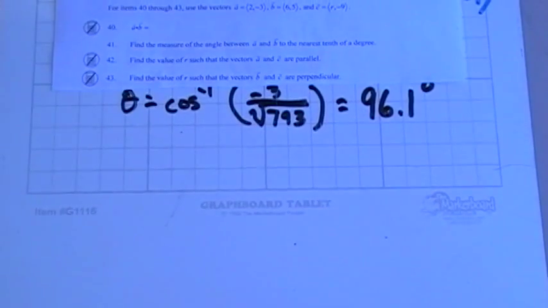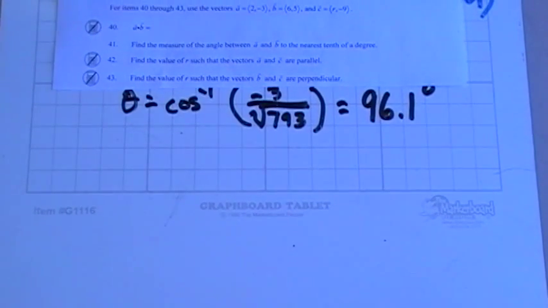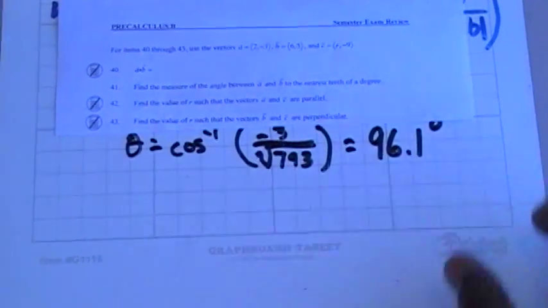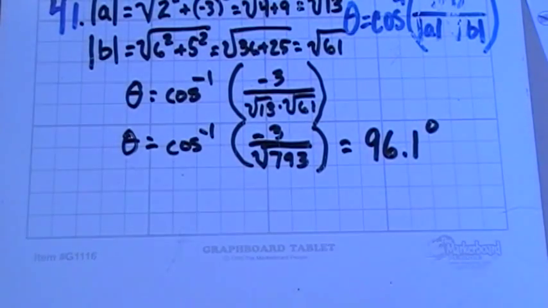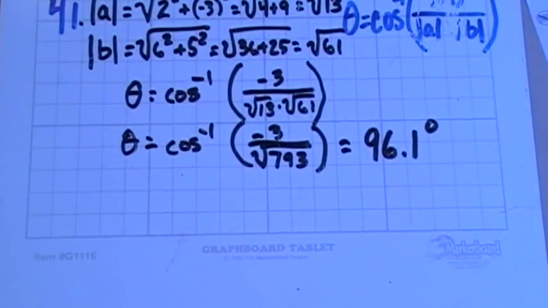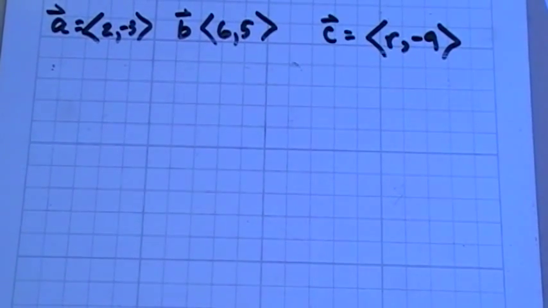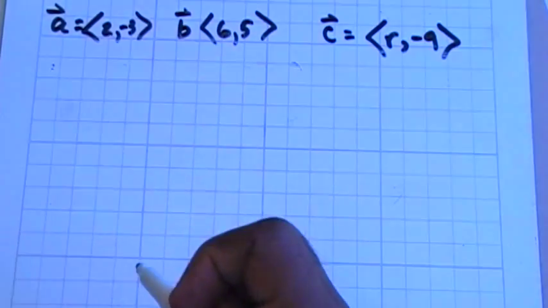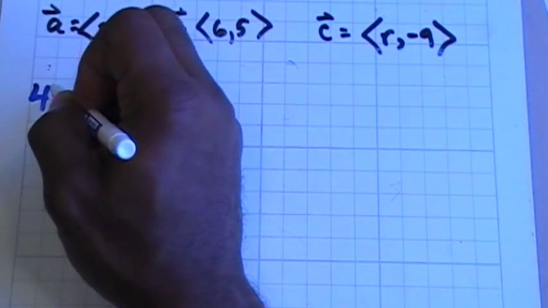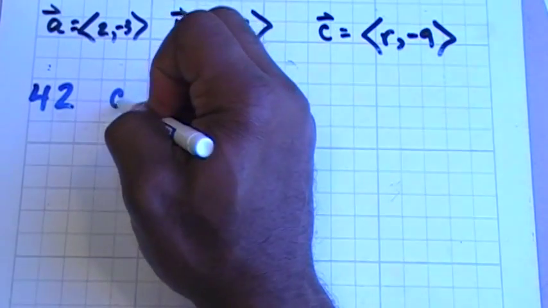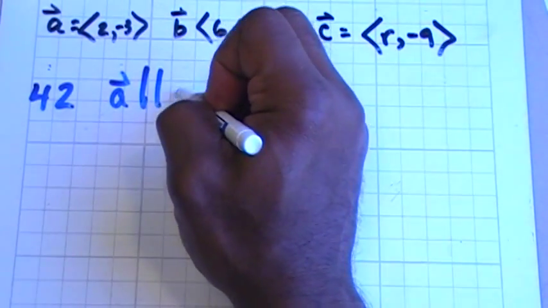Number 42 says, find the value of R such that A and C are parallel. All right, so I'm going to erase this so we can use what we have at the top. We want A and C to be parallel.